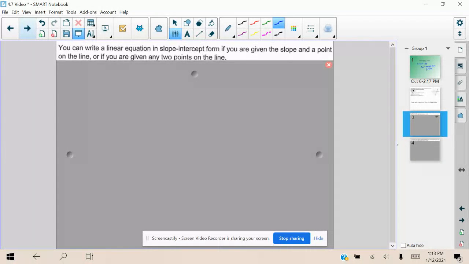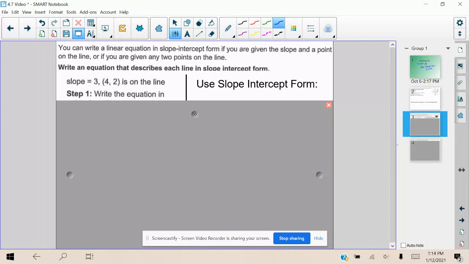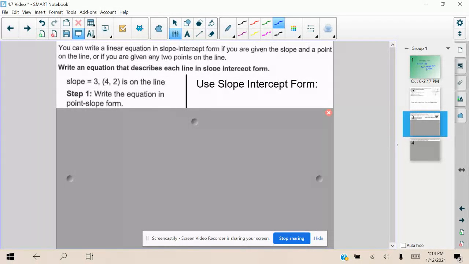So let's go through what we do when we are given the slope and a point on that line. We have what's called point slope form, and we're going to use slope-intercept form later on. For right now, on the left-hand side is what's written on your guide notes. We're given that the slope of a line is 3 and (4, 2) is on the line. So we can write the equation in point slope form.